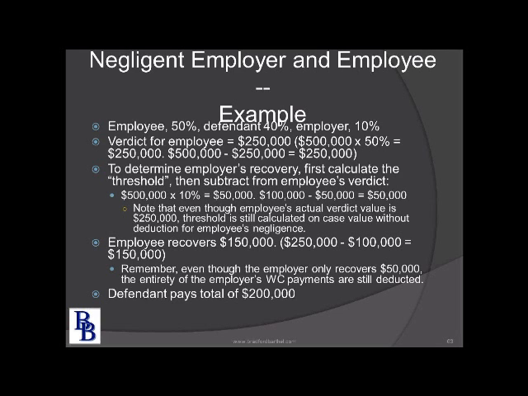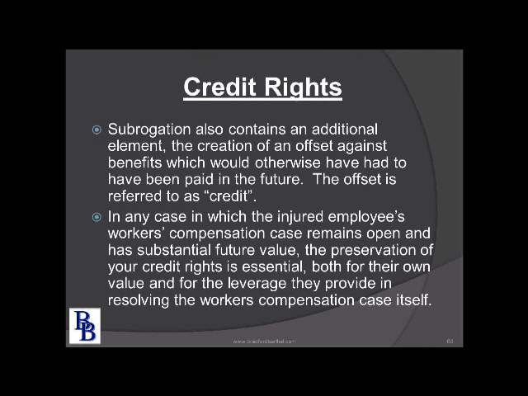His threshold is $50,000. Now, what that means is the employer gets his 50. The employee gets 150 because it's 250 minus all of the workers' comp benefits, as usual. The defendant pays 200. Hope that's simple enough. If you have a problem, you can read it off the screen and figure it out.